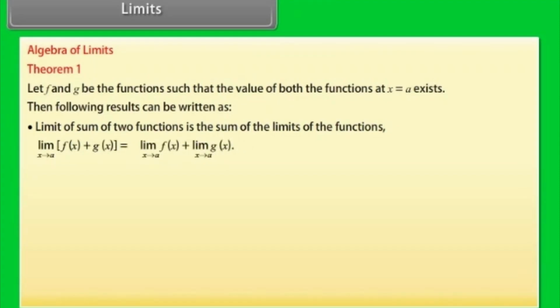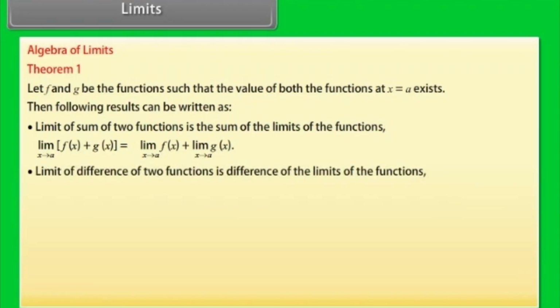Limit x tends to a of f(x) plus g(x) is equal to limit x tends to a of f(x) plus limit x tends to a of g(x). Limit of difference of two functions is difference of the limits of the functions. Limit x tends to a of f(x) minus g(x) is equal to limit x tends to a of f(x) minus limit x tends to a of g(x).